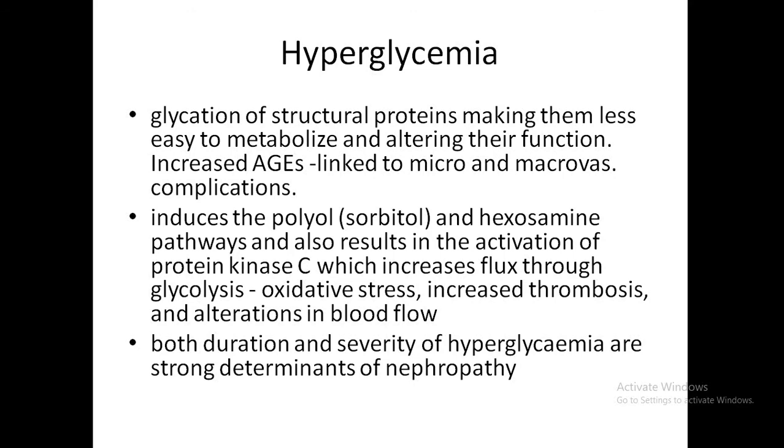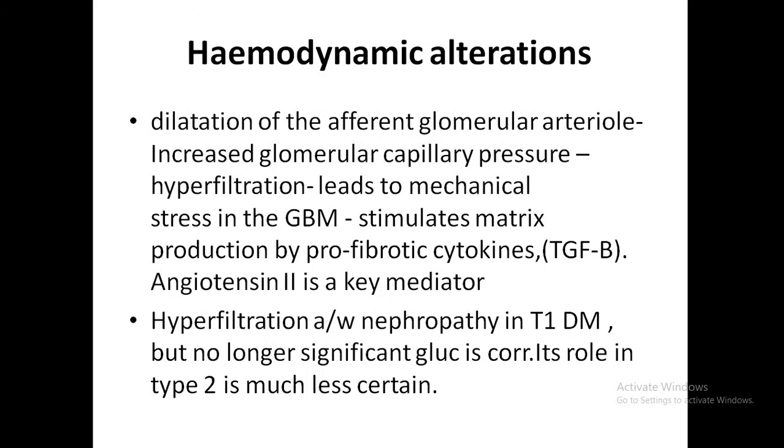Hyperglycemia also induces the sorbitol pathway and the HMP pathway, which results in activation of protein kinase C, and this results in more oxidative stress, increased thrombosis, and alterations in blood flow. Both duration and severity of hyperglycemia are strong determinants of nephropathy.